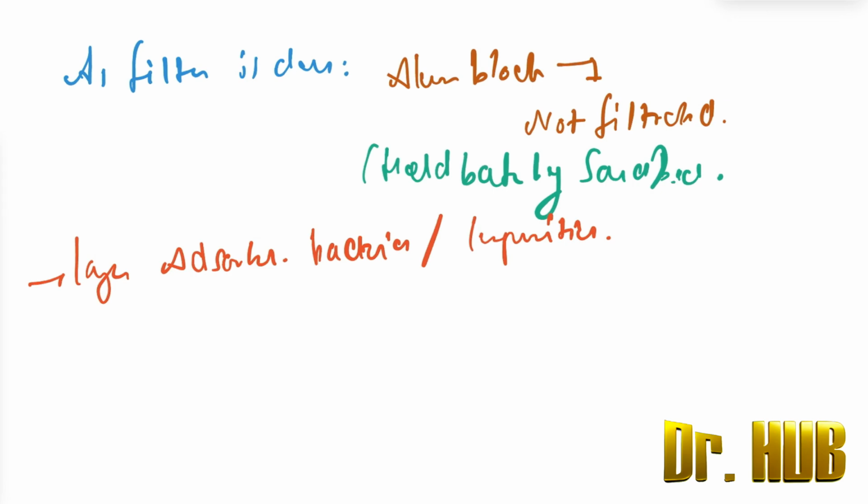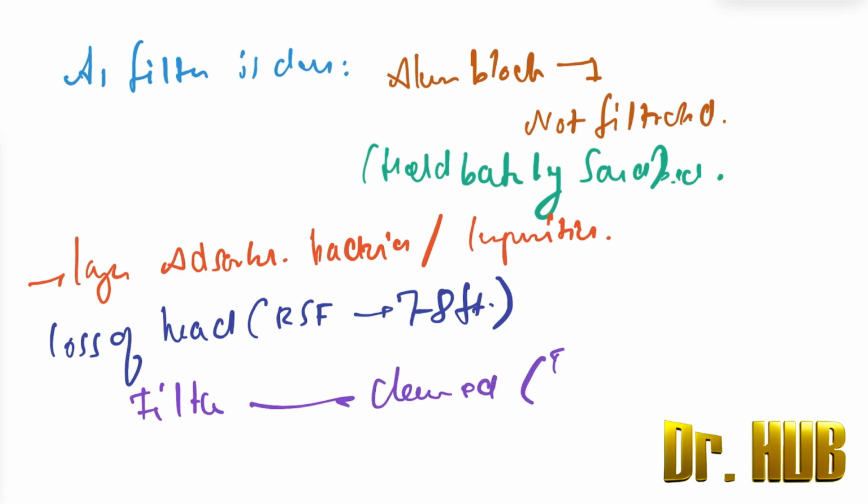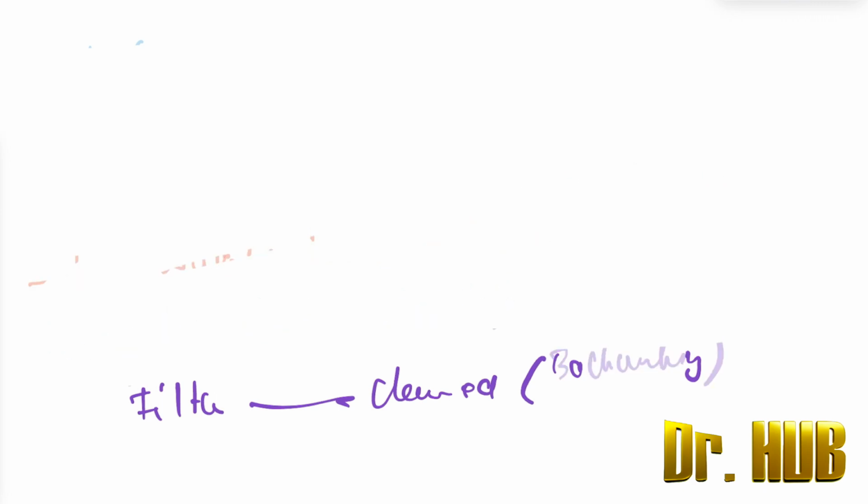When the loss of head in a rapid sand filter (RSF) approaches 7 to 8 feet, the filter needs to be cleaned, and this process is known as backwashing.